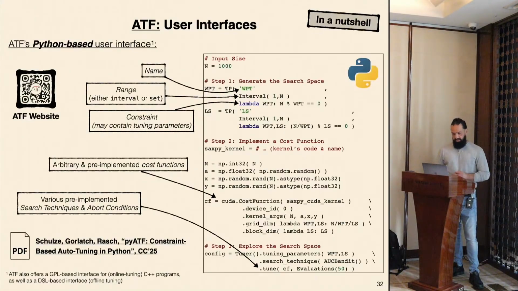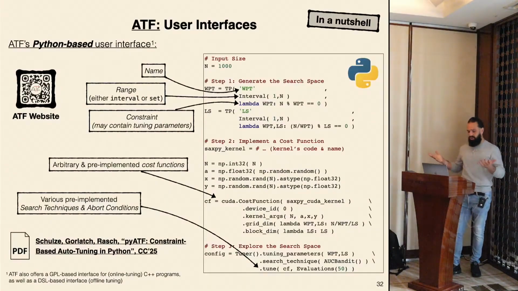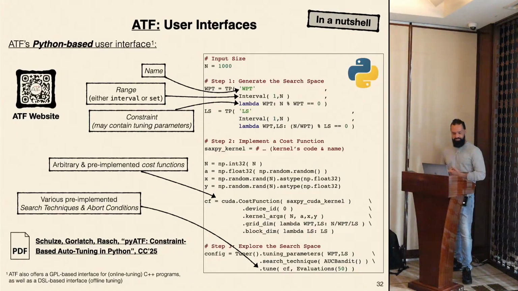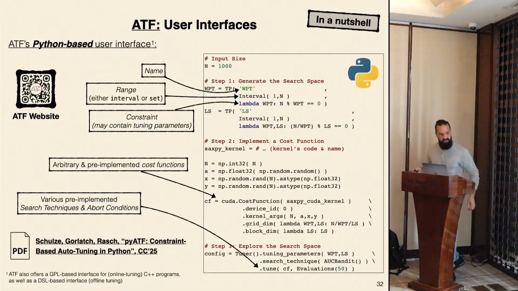Okay, so yeah. And actually for CUDA and OpenCL, we also provide pre-implemented cost functions so that you don't have to implement all this kind of host code where you issue the data transfers and need to compile the OpenCL or CUDA kernel, for example. And yeah, they're also convenient to use. So in this example, you can see the pre-implemented CUDA cost function from us here.